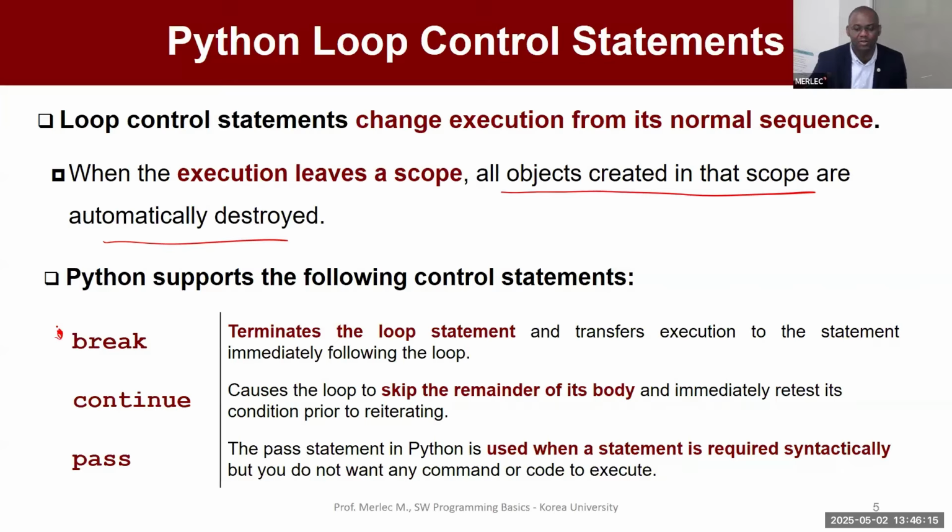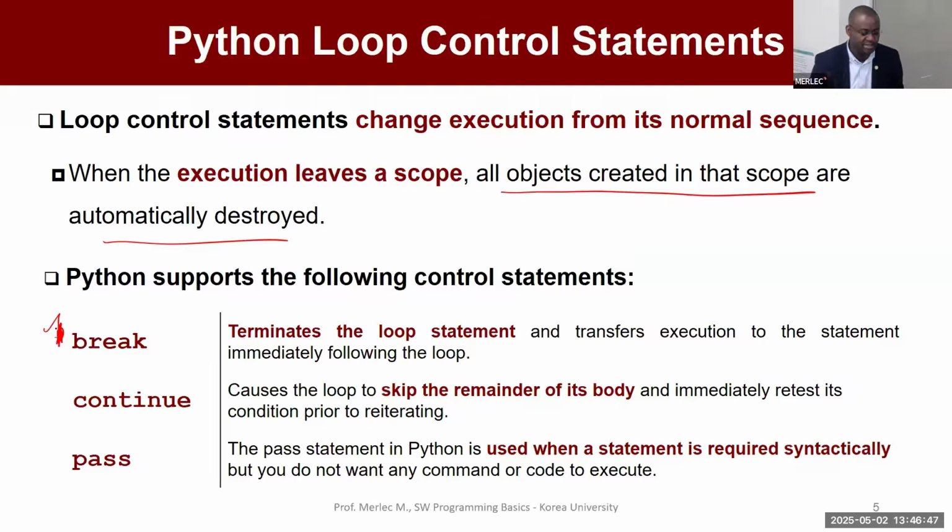In order to prevent such a situation, you can set some condition that can break the execution of the loop. So break is the first control flow for iteration in Python, which is used to terminate the loop statement and transfer the execution to the next statements coming after the loop.